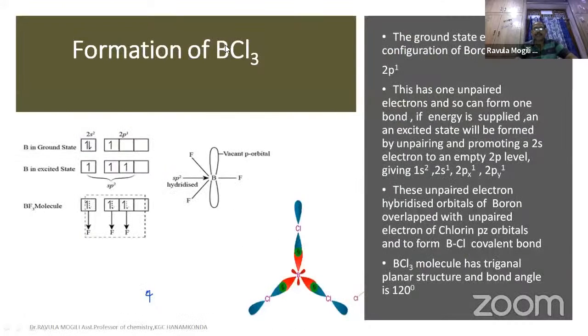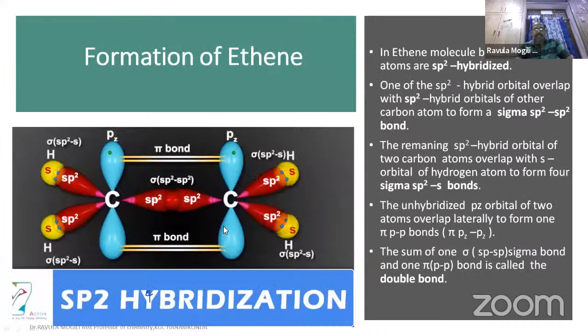So next one, boron trichloride. This is sp2 hybridization, trigonal planar, and the bond angle is 120 degrees. Here is sp2 hybridization in the ethylene molecule, or ethene molecule.